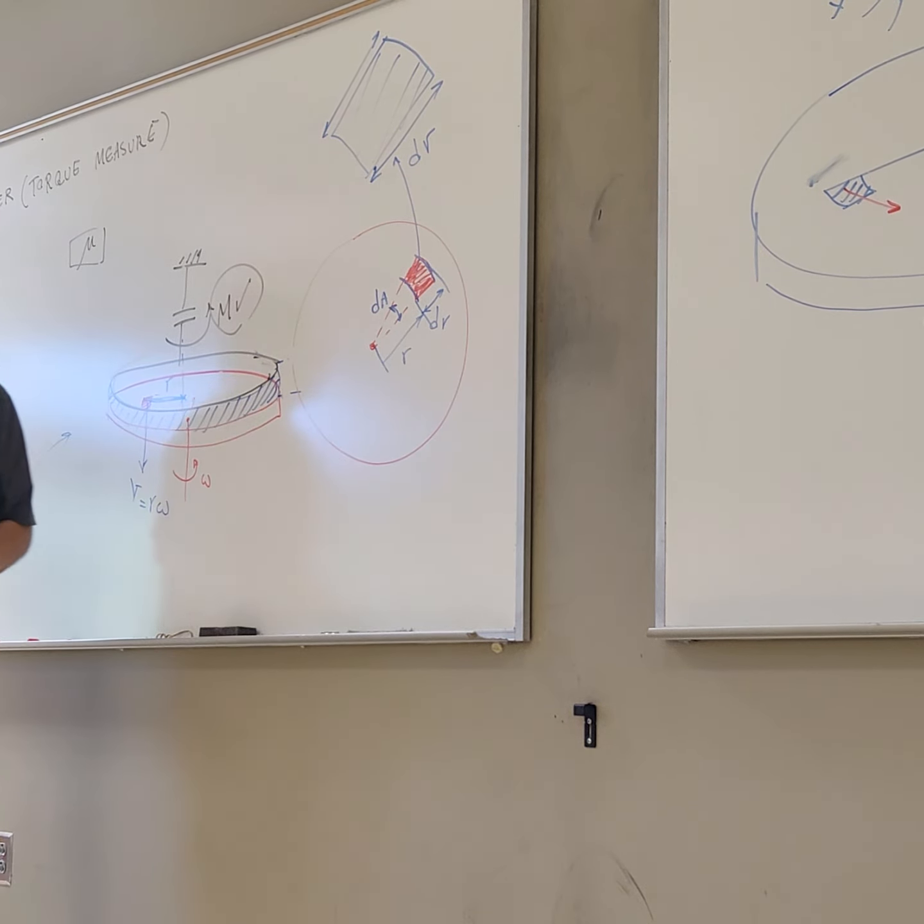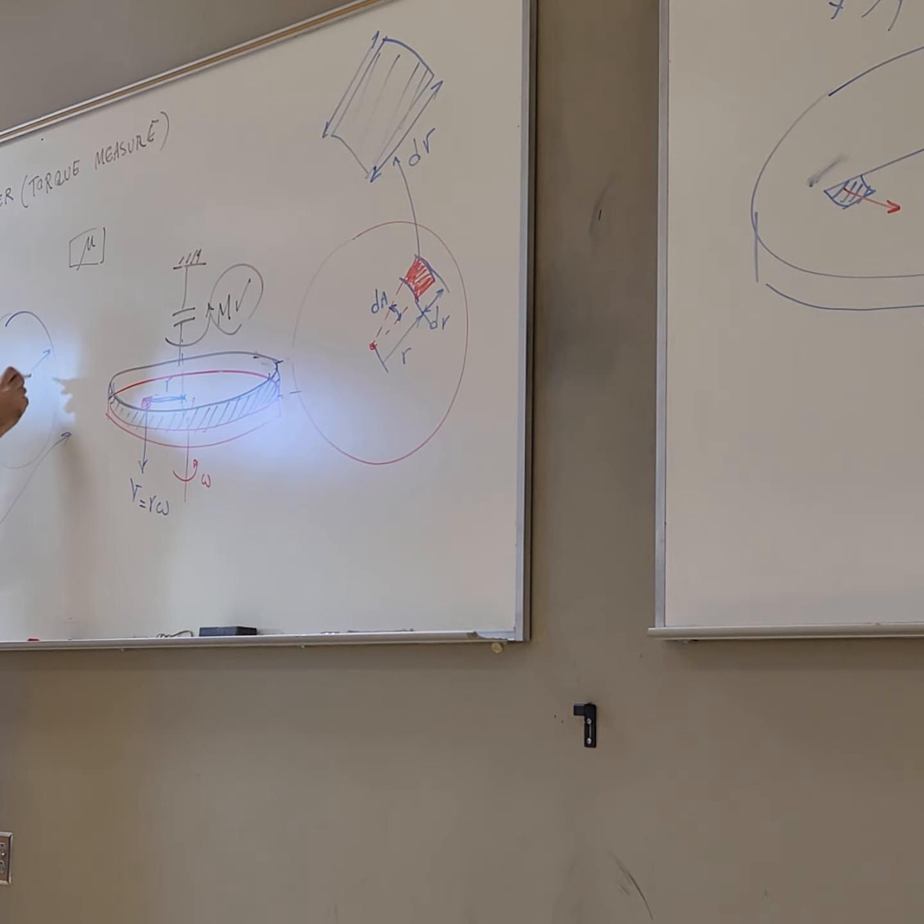And what's the value of this side, the arc? You see, you have a circle, and the radius is R, and you have theta here. What's the length of this arc? Guys? Is it omega?